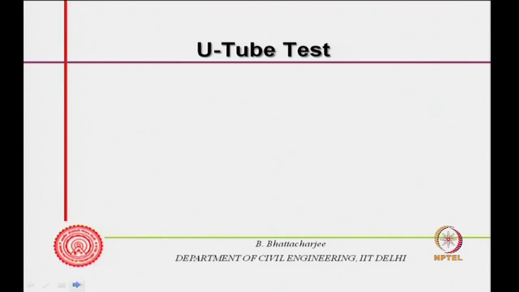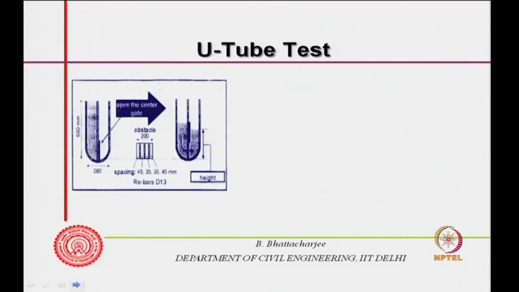How does it look? I have a U tube separated by a barrier. This is the U tube, there is a partition, and this is a gate which I can open.